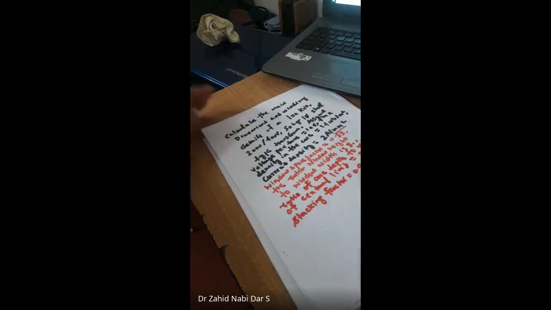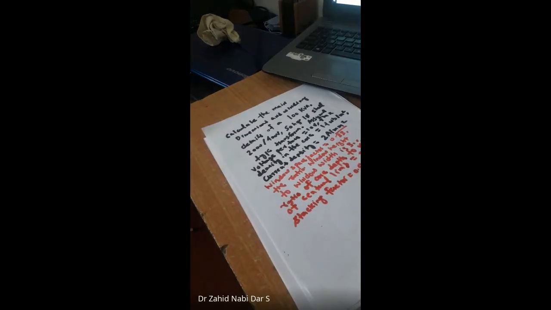So what you need to calculate here is the main dimensions.